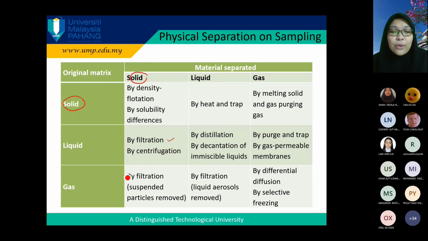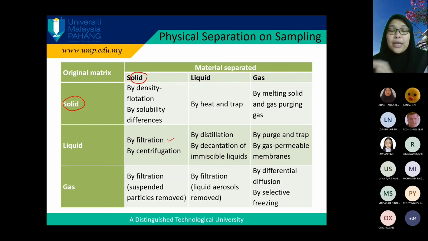If you want to separate solid from gas, it is by filtration, liquid from gas by filtration as well, but now you remove the liquid aerosols, and gas from gas by differential diffusion or selective freezing. This one, if you want very detailed, you cannot imagine how they do it, you can go to YouTube and type the method.